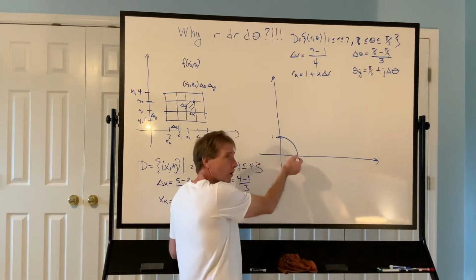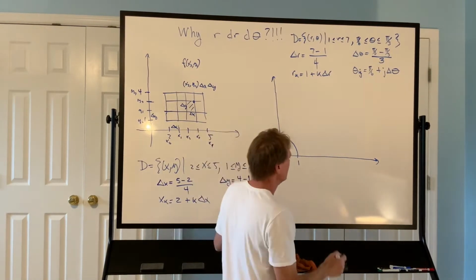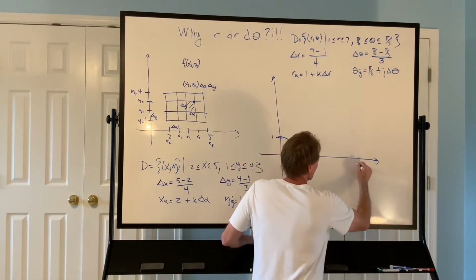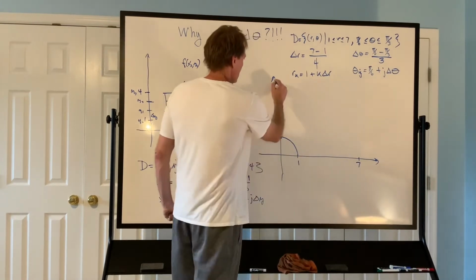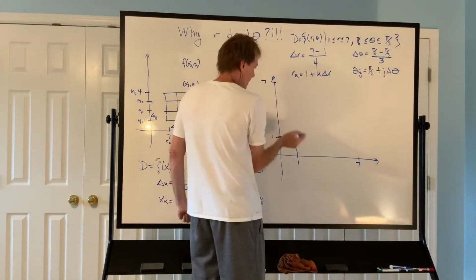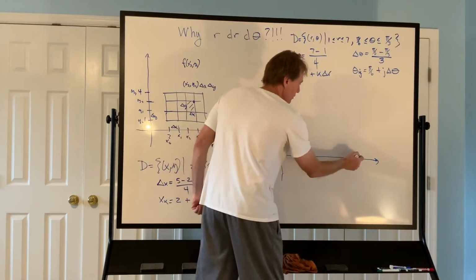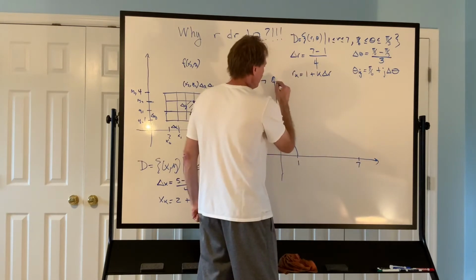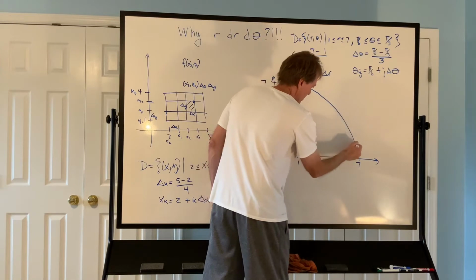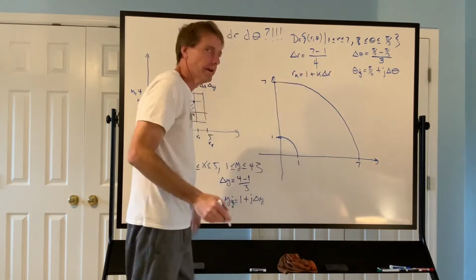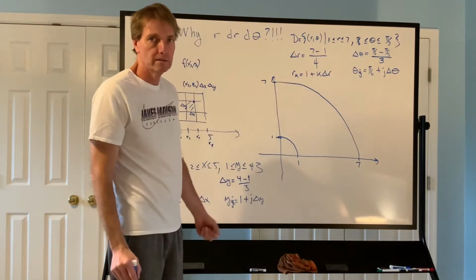R is stuck at 1, theta is allowed to do whatever it wants. And out here's 7, and I don't know how well I'll be able to draw this circle, but we'll do our best. If r is always 7 and theta is allowed to do whatever it wants, then of course it would keep going. I just don't have room to draw it.